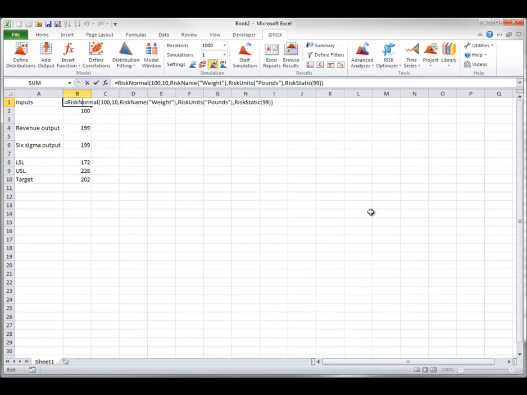With these settings, the distribution formula changes as you see here. Now there are three property functions: RiskName, RiskUnits, and RiskStatic. The name and units will appear in @RISK graphs and reports. The static value is the value you will see when the @RISK dice button is toggled to static.